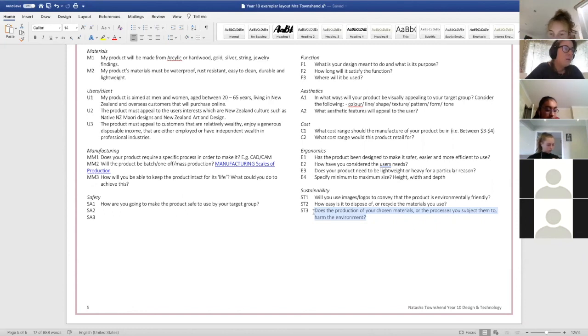And will you use images, logos to convey that the product is environmentally friendly? I would say that a piece of jewelry might come with a card attached, and you could put something on the card, maybe a recycling logo saying that the elements or the materials on this product that can be recycled are the wood and the metal, and the plastic will have to go to a special recycling plant or something like that.